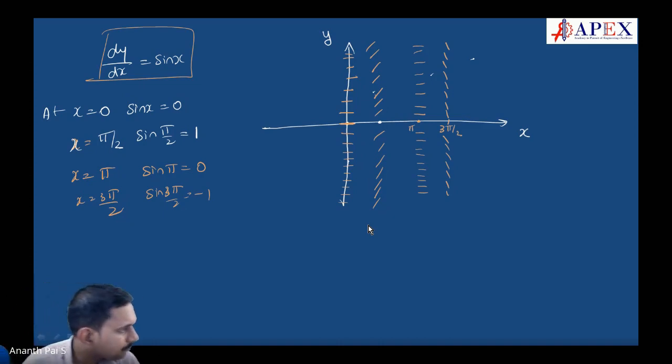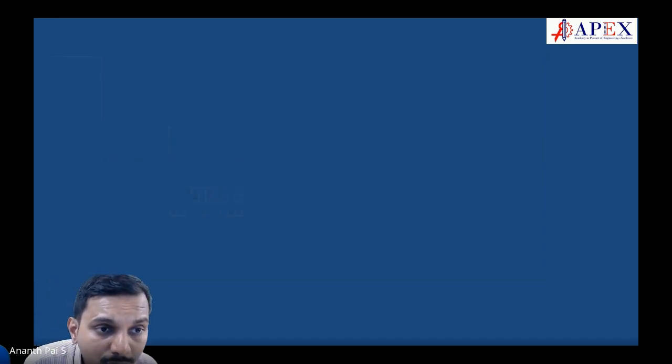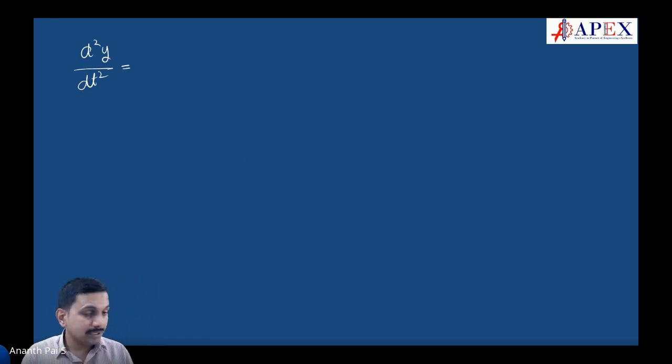Okay, next one. Let us see another equation and solve it. The simple equation we have done till now is the falling stone. So for the falling stone, d square y by dt square is equal to minus g. It's falling due to gravity, right? Let us integrate this.